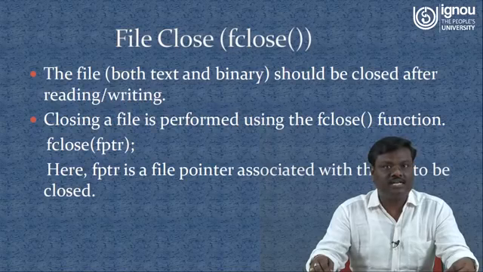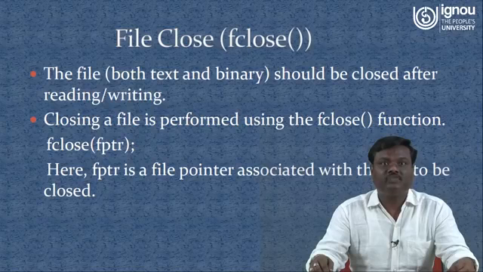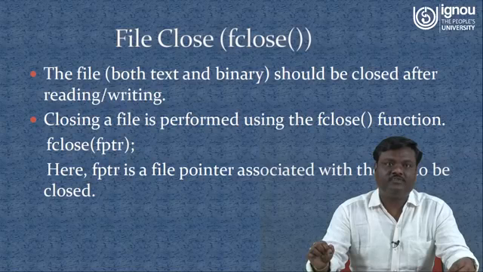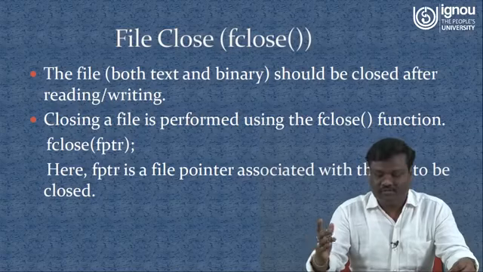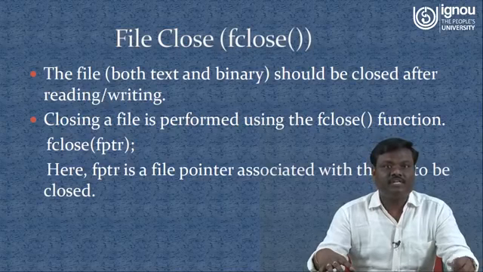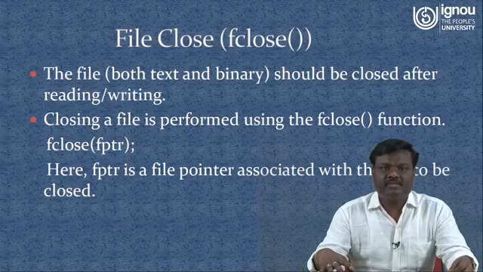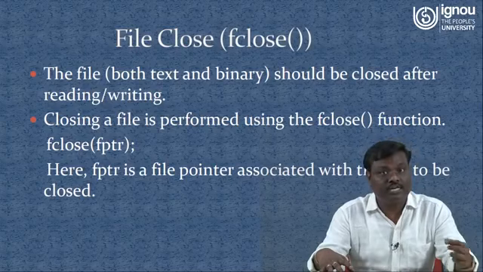So obviously the last three statements before the end of the program would be fclose within braces f1, then semicolon, then fclose within braces f2 semicolon, fclose within braces f3 semicolon. So all these files need to be closed if we are working with three files in our program. Here in the example, fptr is the file pointer associated with the file to be closed, that needs to be mentioned.